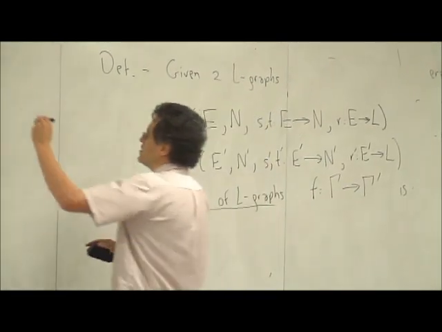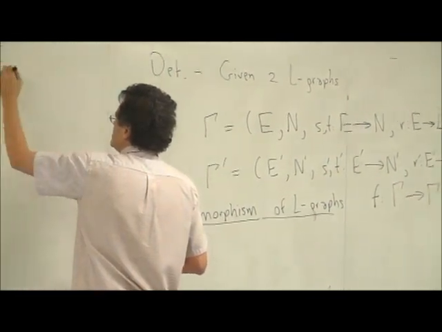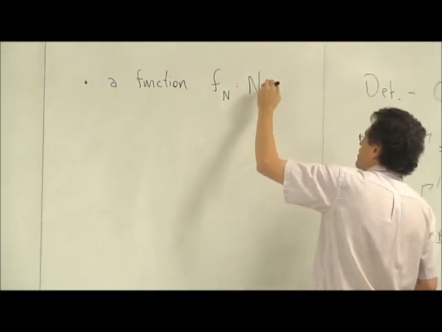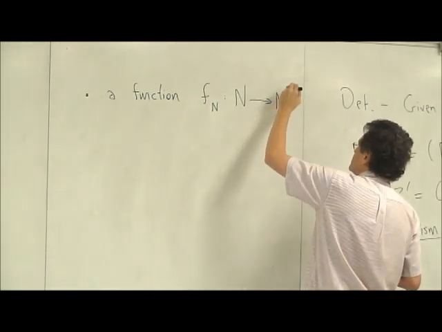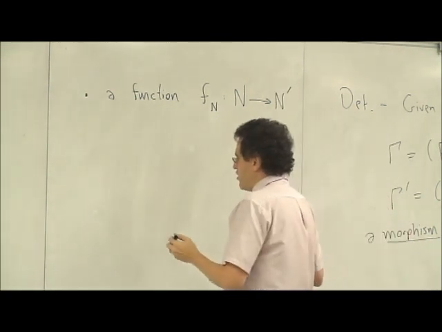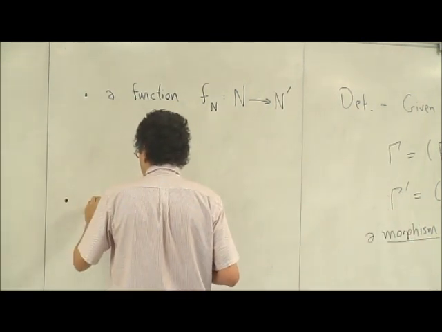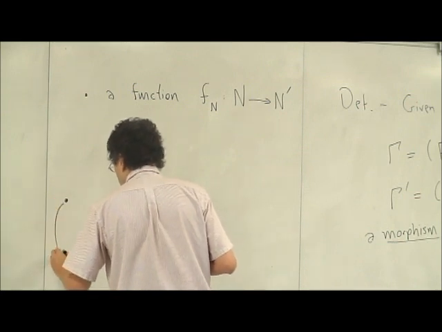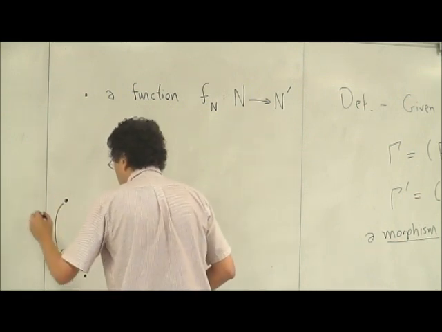So there'll be a function, let's call it f sub nodes, going from the nodes of the first one to the nodes of the second one. So every node of your first L graph is getting sent to a node in your second one.